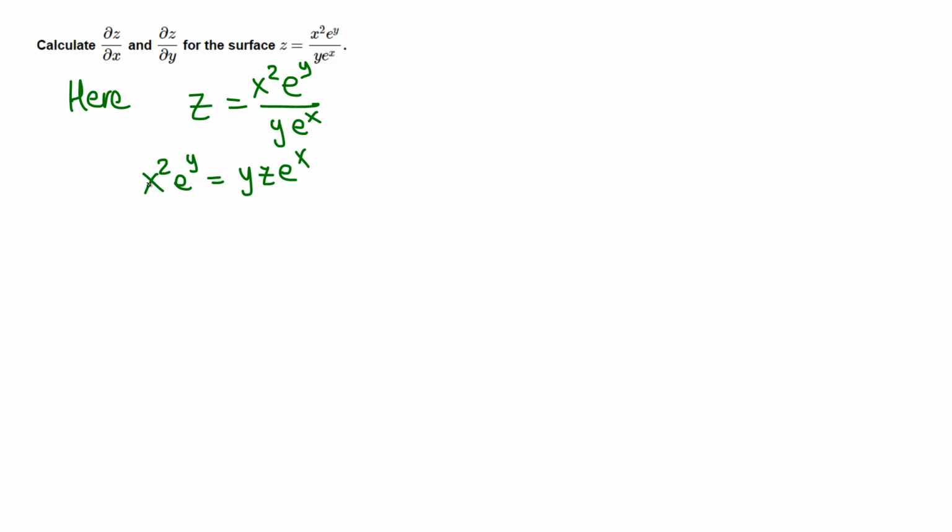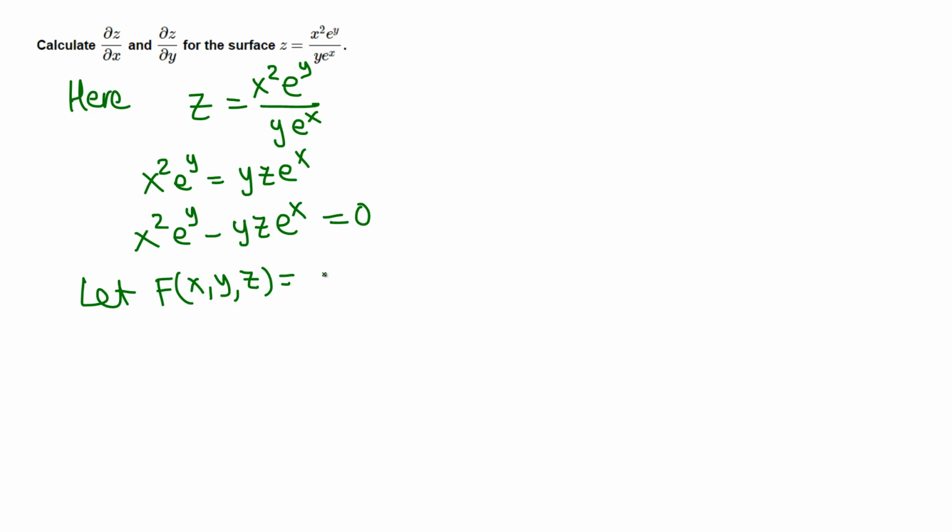Bring everything to one side, doesn't matter which side: x squared e^y minus y g e^x equals 0. Now I'm going to call this a new function. Let f, a function of 3 variables, be this part, x squared e^y minus y g e^x.